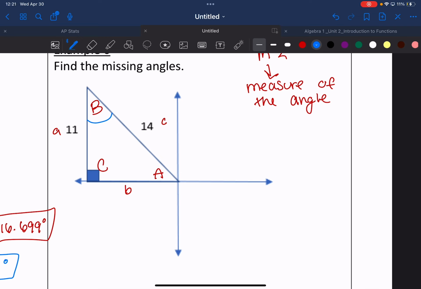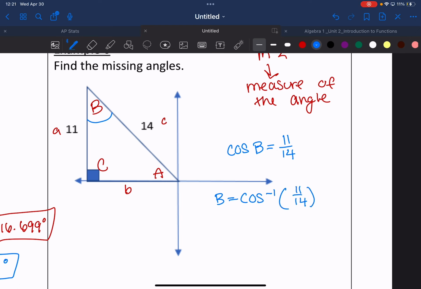Looking at B, is 11 opposite or adjacent? Adjacent, so that means we're using cosine. So cosine of B is equal to adjacent divided by hypotenuse, so 11 over 14. To get the angle B by itself, we take the inverse. So B is equal to the inverse of cosine of 11/14. You put that in your calculator and you get B is equal to 38.213 degrees.